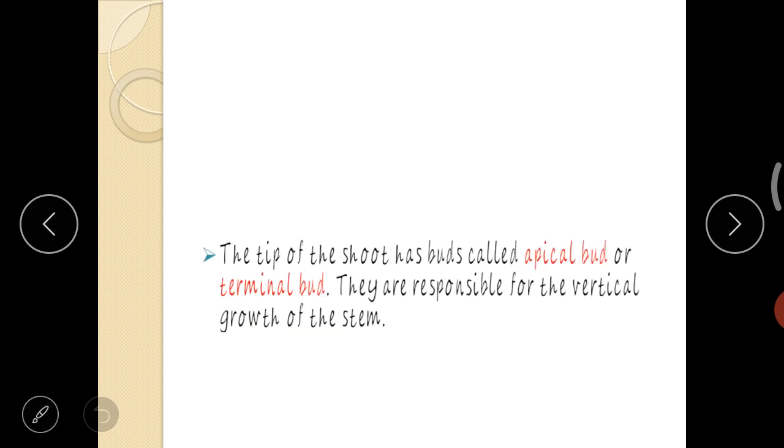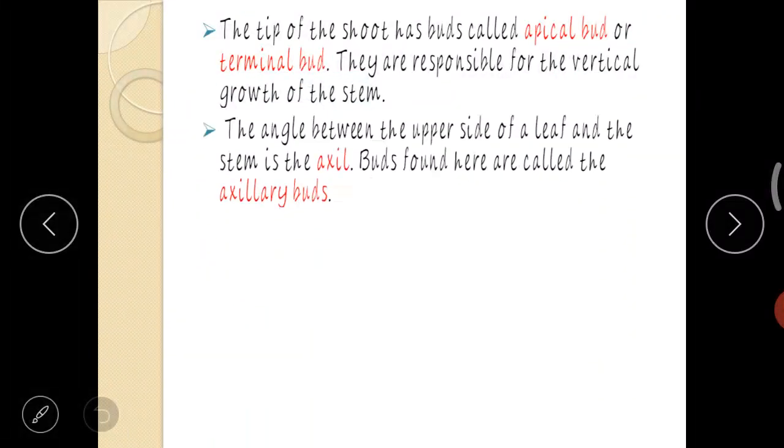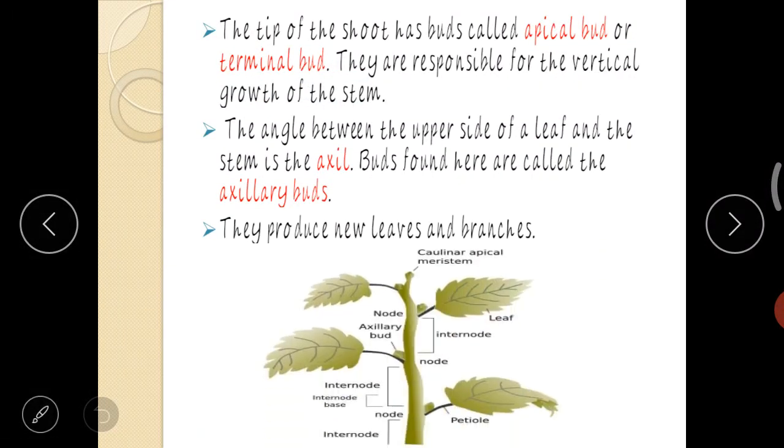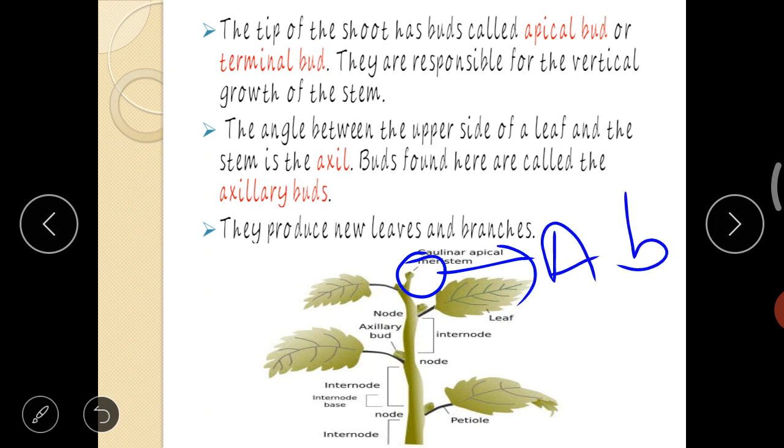Next, the tip of the shoot has a bud. This bud is called the apical bud, or it is also called the terminal bud. This bud is responsible for the vertical growth of the stem.